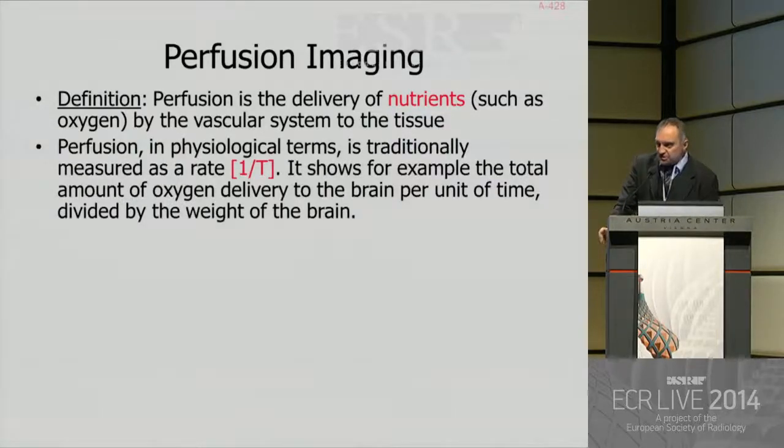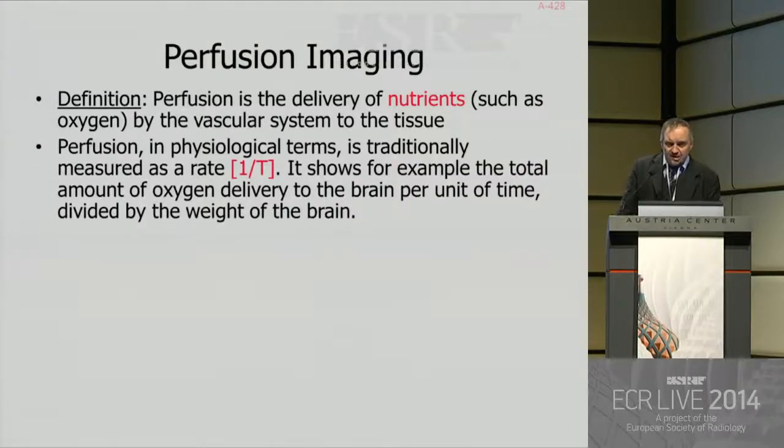In physiological terms, perfusion is a physiological term. It comes from people who are studying whole organ physiology. It is a rate. As a physicist, a rate is measured as 1 over time, 1 over second or minute, whatever. So it is a rate: how much per minute, how much per second.